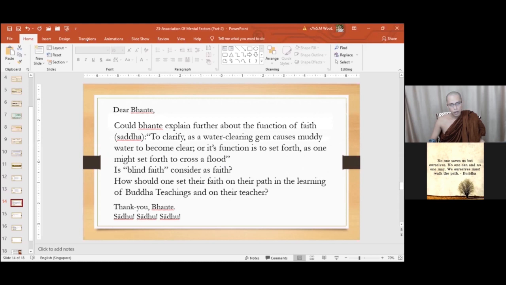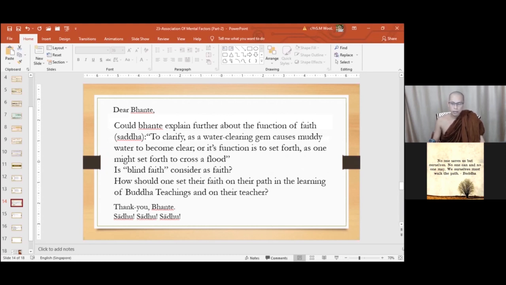So this is the work of saddha, and here it mentions its function to set forth. So it's going forward. The faith can clarify the mental factors and consciousness itself, and also it can urge you to go forward in good deeds, in performing the wholesome.